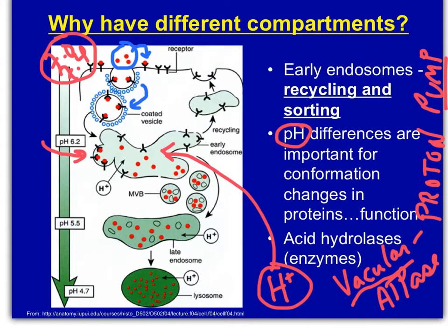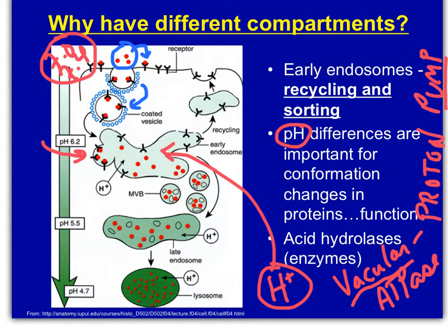This is not a spontaneous reaction. All of those things you should know. And we're using the energy of ATP to pump protons into each of these different organelles. So multivesicular bodies, late endosomes, and lysosomes pump more protons in than an early endosome does.